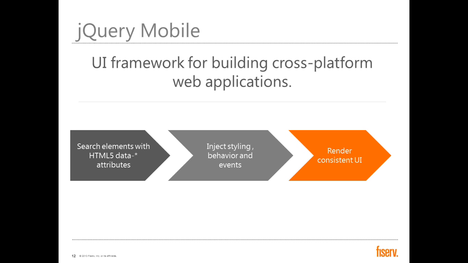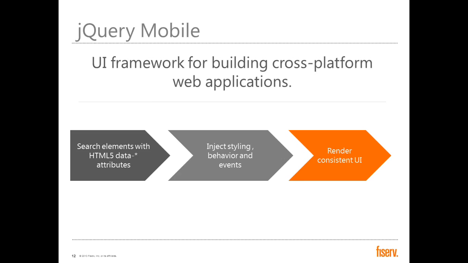And in the mobile view, we would be writing all the HTML form elements with the data-star attribute. jQuery Mobile will then apply all the styling, and finally you will have a view which will have a consistent look and feel across your applications on the mobile.